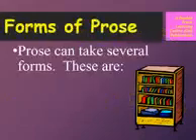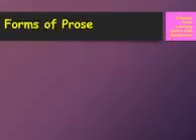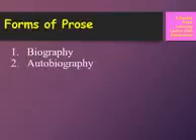What are some of the forms of prose? Prose can take several forms. These include biography and autobiography. The biography is a story of someone written by somebody else. The autobiography is a story of someone written by the person himself.